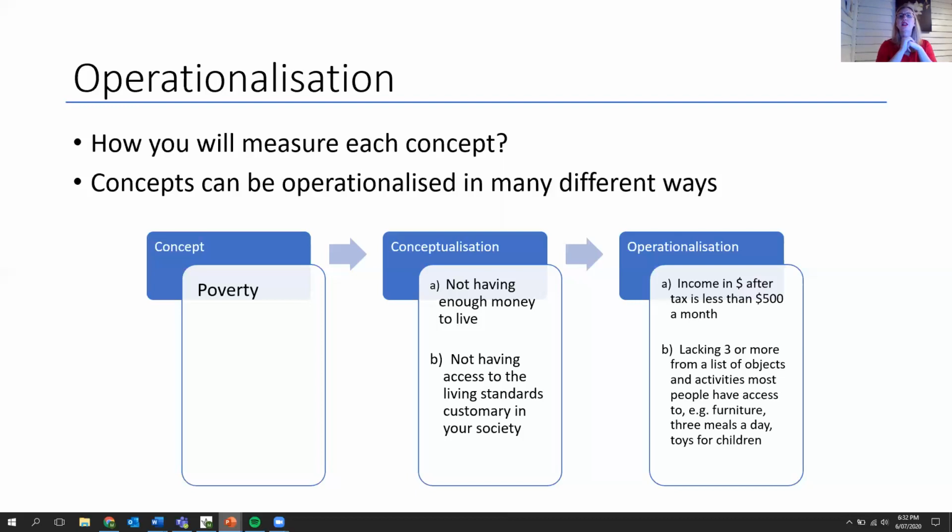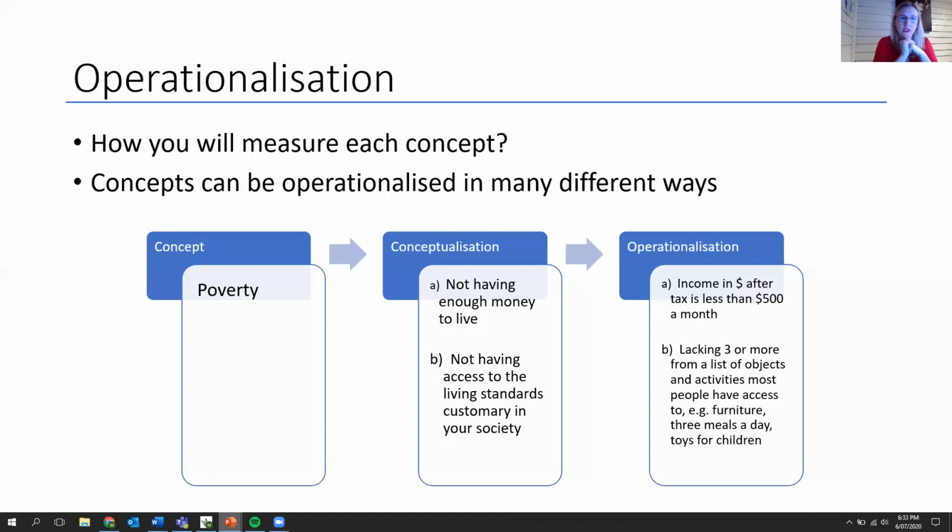All right, let's take the idea of poverty. Now, in our heads, we might know what we mean with that concept. One way we could conceptualize it or put it on paper would be like this. Poverty means not having enough money to live.